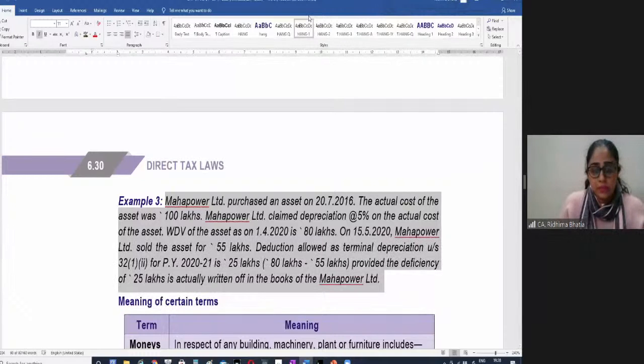Now for the balancing charge. One second.